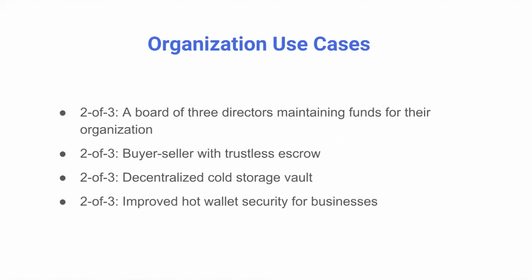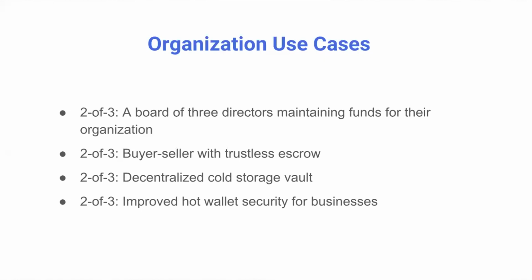So I'll talk a little bit now about some of the use cases from the perspective of an organization, especially since Status is an organization. So we are thinking about how a multisig wallet plays into what Status is trying to do and where Status is going. But in general, when you think about how organizations have to do things, especially around finance, here are a couple of examples.